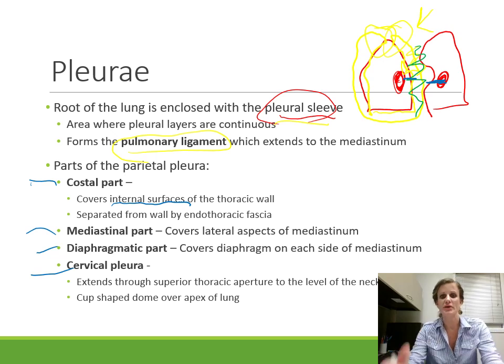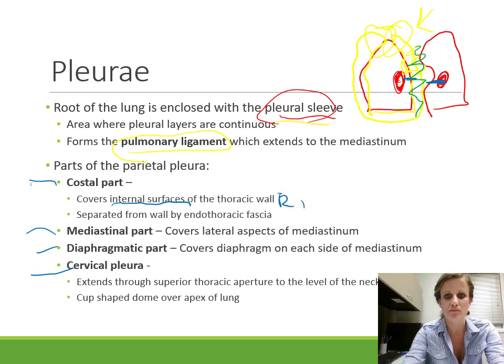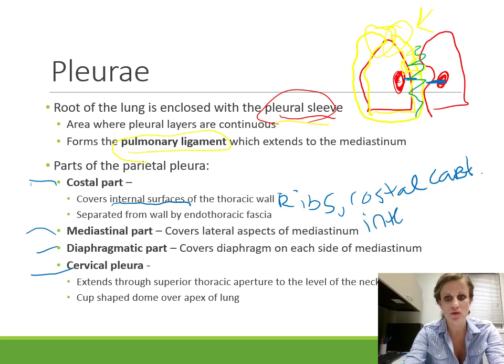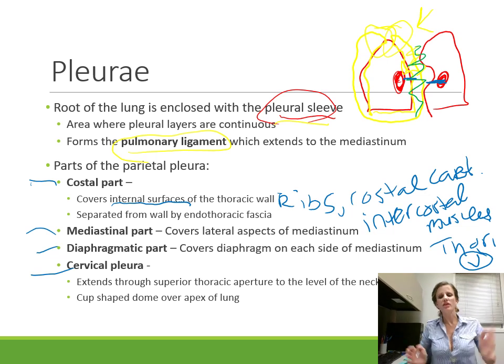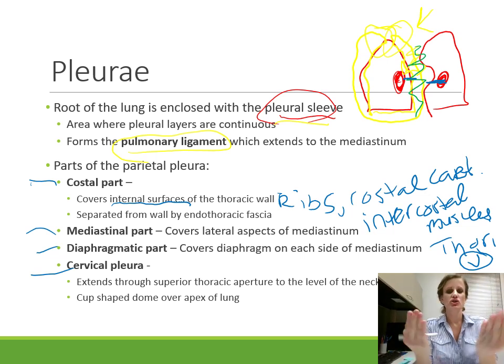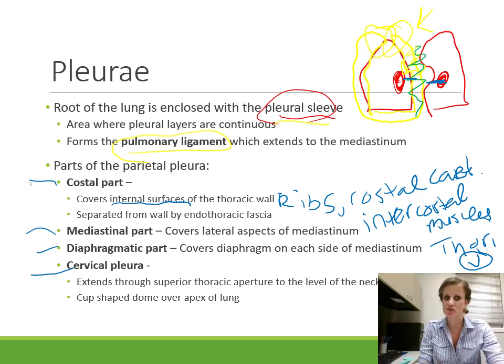Remember, it includes the ribs, the costal cartilages, the intercostal muscles, and the anterior aspect of the thoracic vertebrae.